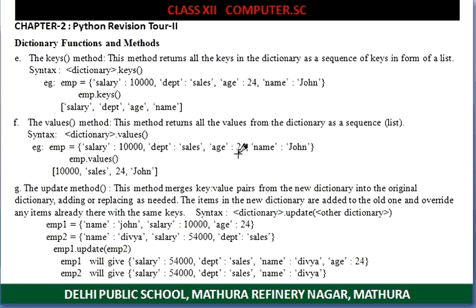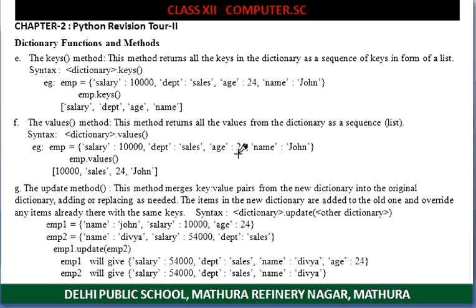So here EMP1 is a dictionary, and the other dictionary is EMP2. If we write EMP1 dot update EMP2, EMP1 adds all the items of EMP2. If an item is already present in EMP1, then the item is overridden.